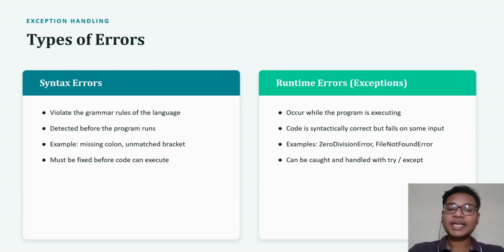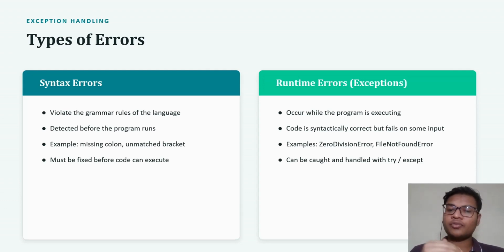Second, it is detected before the program runs. Third, examples include a missing colon or an unmatched bracket. It must be fixed before the code can execute. Always remember, you have to fix that before the code can execute.